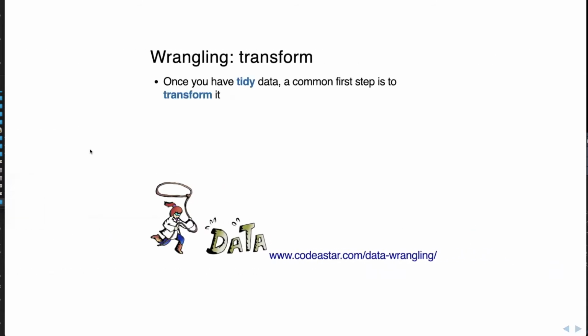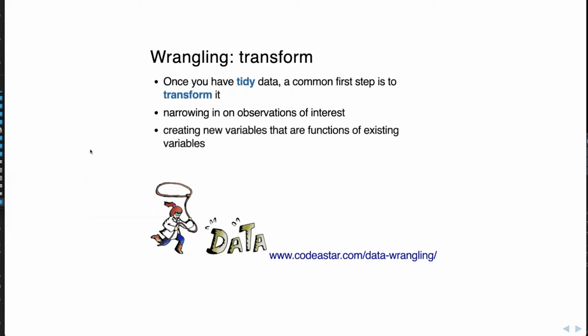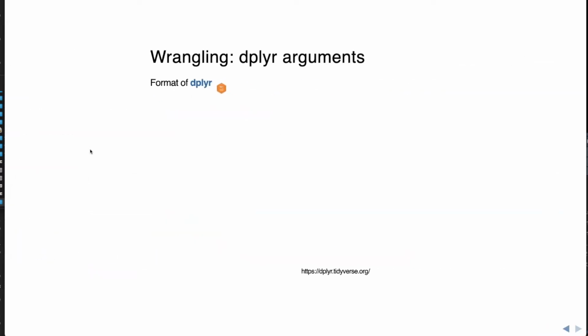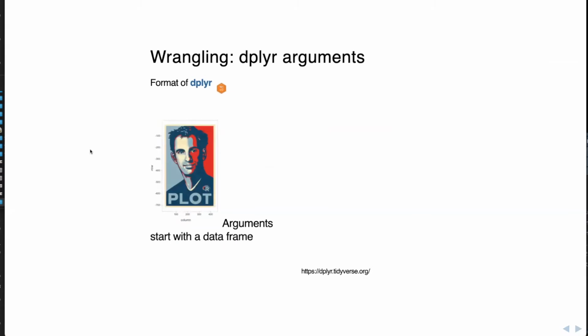Once we have our data tidy, we may want to transform it. So we narrow in this way on observations of interest, and we create new variables that are functions of existing variables and calculate sets of summary statistics. Usually arguments start with a data frame if we're using the dplyr library.